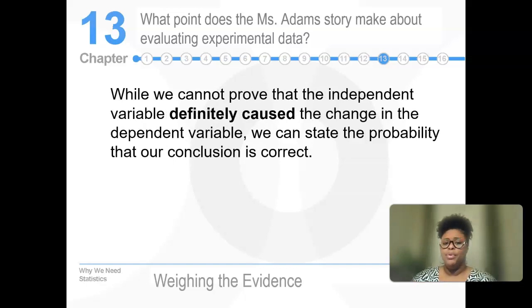While we cannot prove definitively that the change in the independent variable is the cause, we can always talk about probability, and that is going to provide us our conclusion. If there is a strong probability or significance of the IV making some type of impact, effect, or change on the DV.